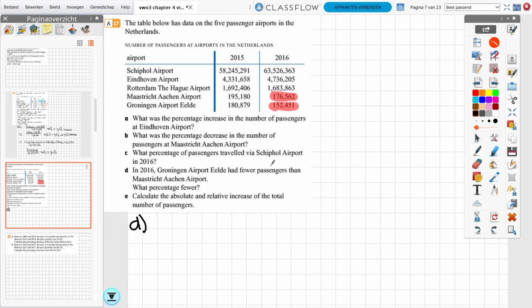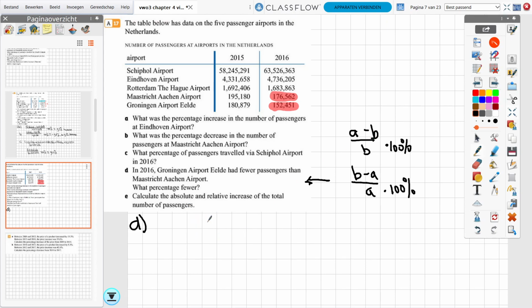Take a good look how this sentence is formulated, because that's going to impact if this is going to be A minus B over B times 100% or B minus A over A times 100%. And it has to do with how the sentence is given. They compare Groningen Airport with Maastricht-Aachen. If it's compared with Maastricht-Aachen, that means the last one here is the B. That's the one here that's at the end.